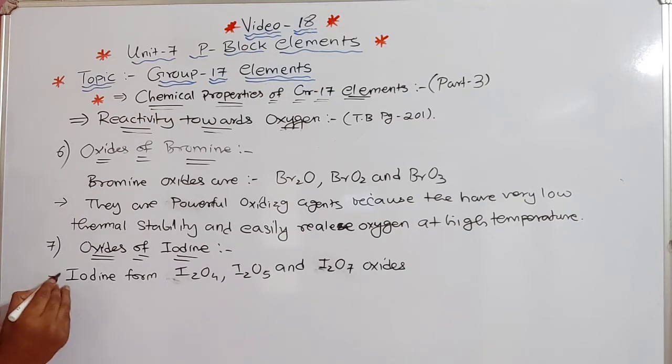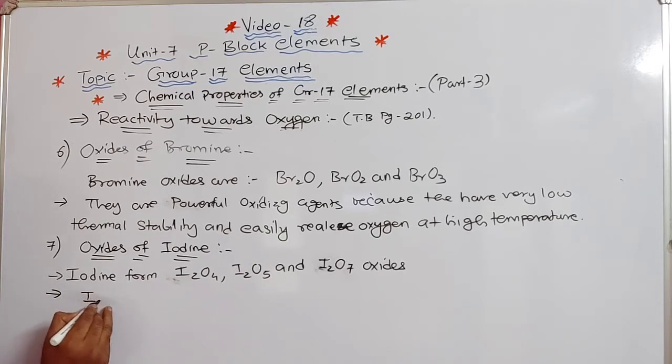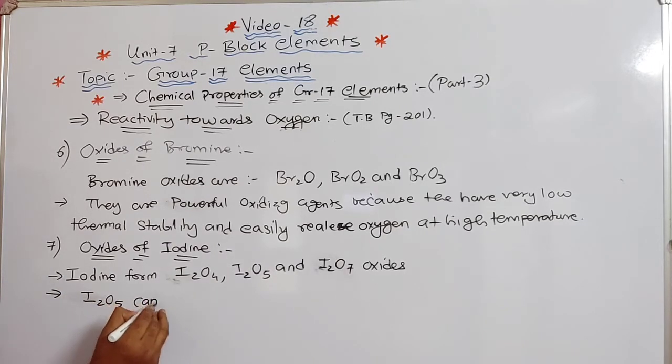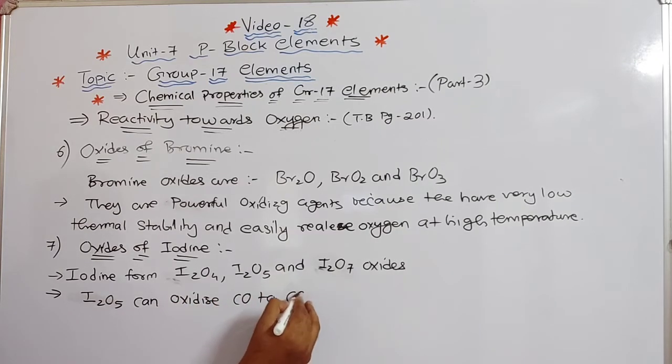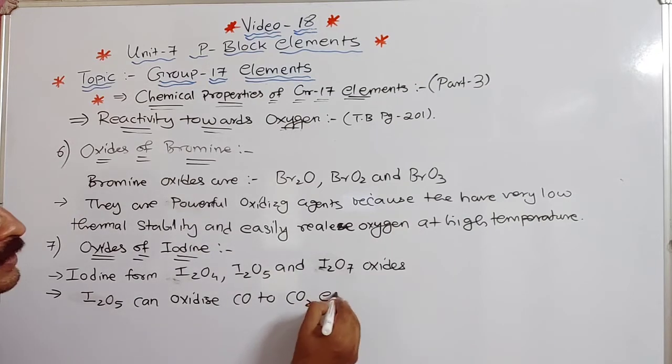Understood? Now in this, only I2O5 can oxidize CO, that is carbon monoxide, to carbon dioxide. Understood?